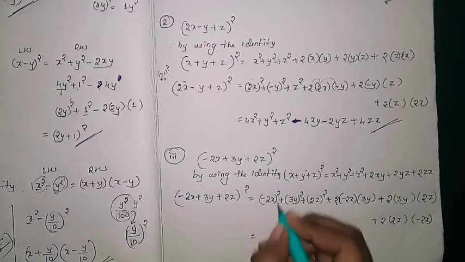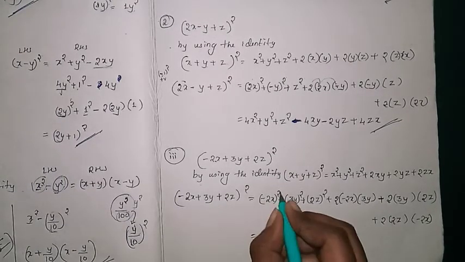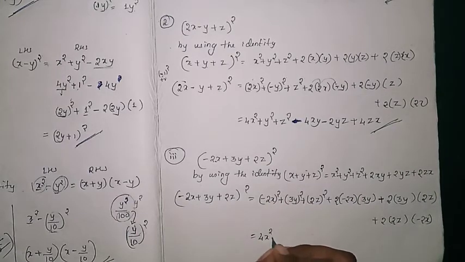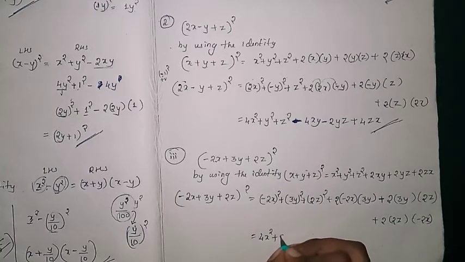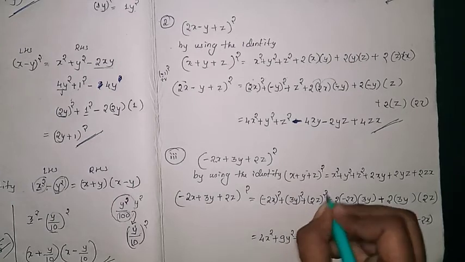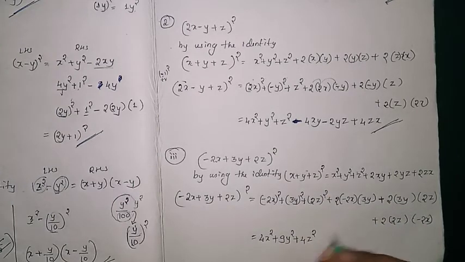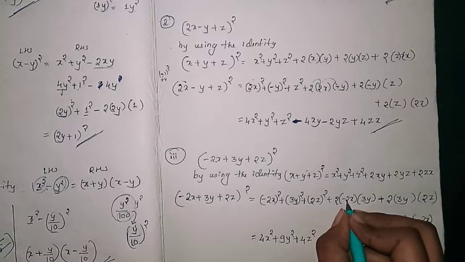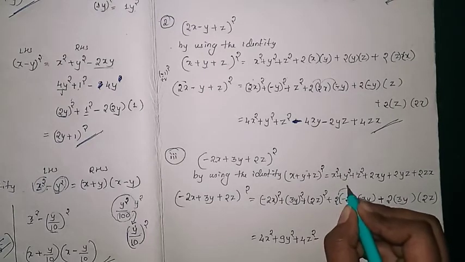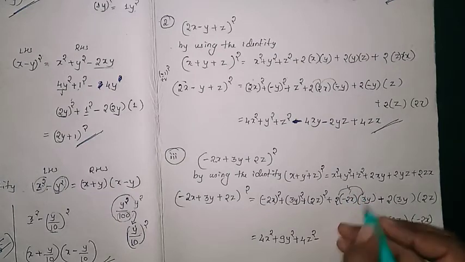So now you have to multiply. So minus 2, minus will become plus now, 2 square is 4x square plus 3 square, that is 9, y square will be y square. So plus 2 square will be 4, so z square will be z square. So 2 minus is there, so minus we will keep first, 2 2s are 4, 4 3s are 12.